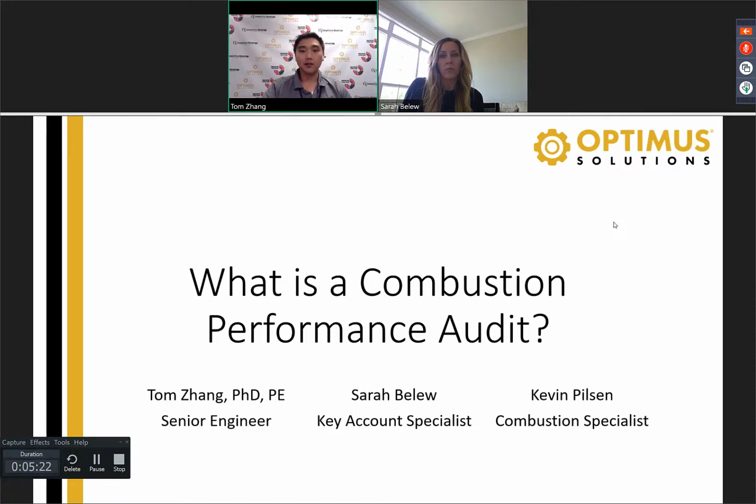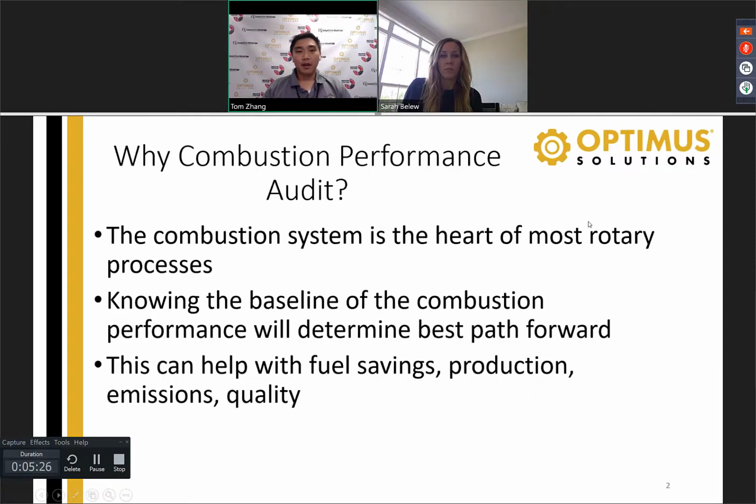So what is a combustion performance audit? Before we do that, why even perform something like that? Why even look at your combustion? Why even look at your performance? In most rotary processes, whether it's a rotary kiln, a rotary dryer, or a rotary calciner, heat is going to be the heart of your process.